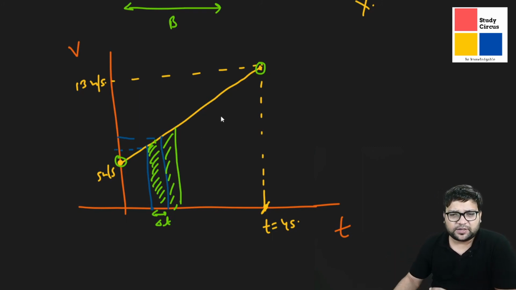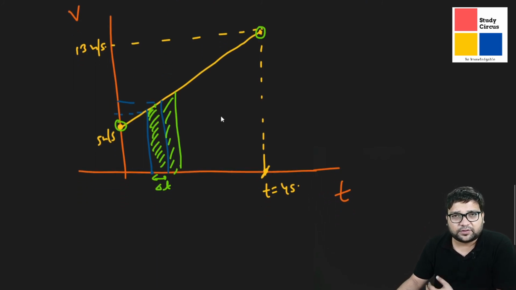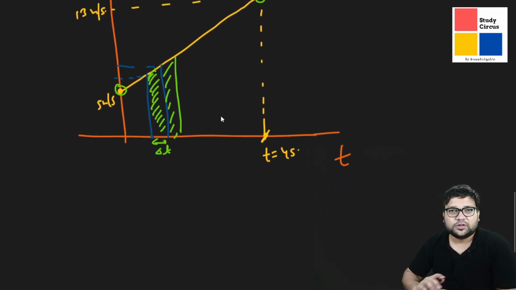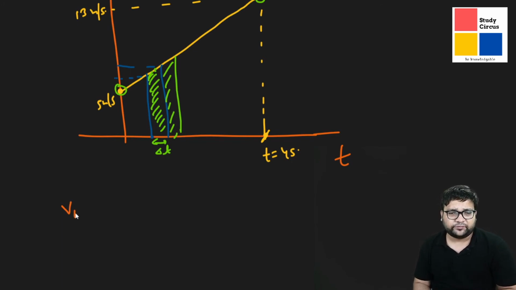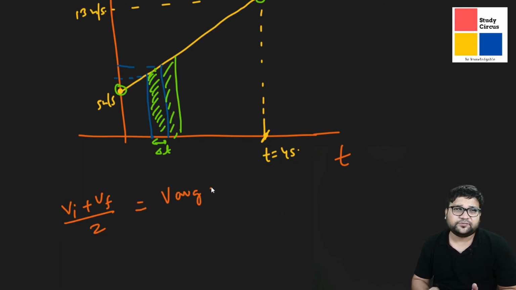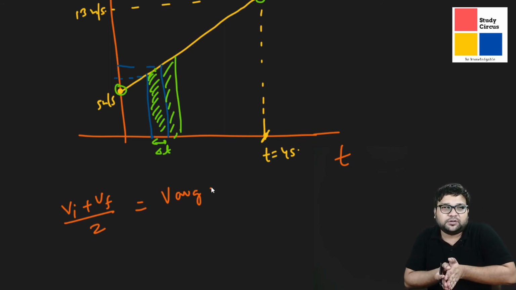For uniform acceleration, what we do, the average of the initial and final velocity gives you the average velocity. So you assume that v initial plus v final upon 2 is the average velocity for the whole journey, and you take this to be like a constant speed, an equivalent speed, a fixed speed.